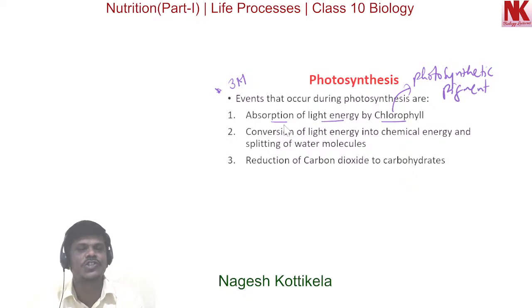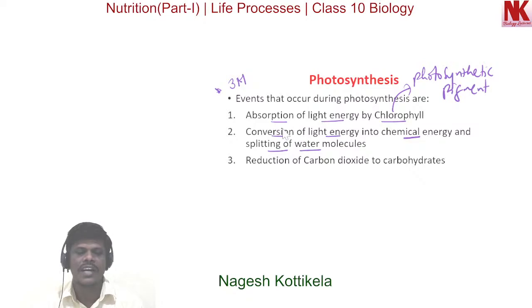In the next step, there is conversion of light energy into chemical energy and splitting of water molecules. The light energy absorbed by the chlorophyll is converted into chemical energy, and certain important compounds like NADPH and ATP are synthesized, about which we will discuss in the coming slides.